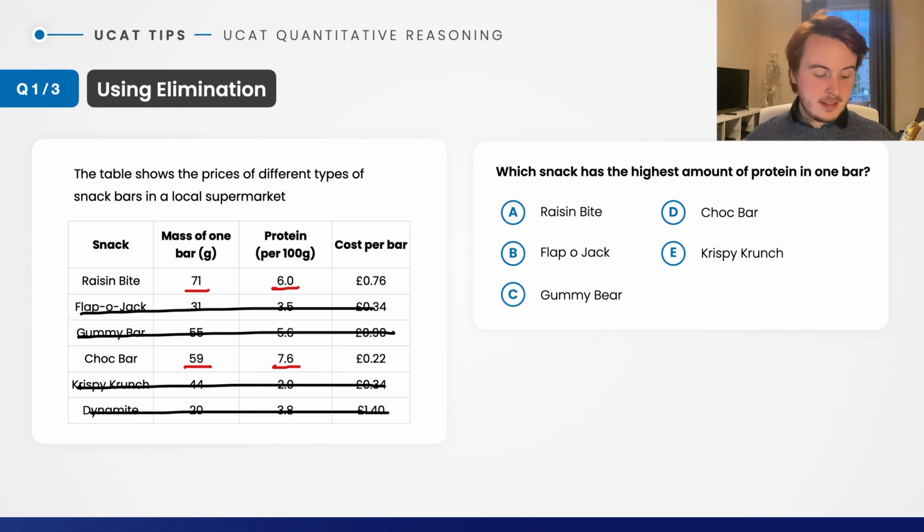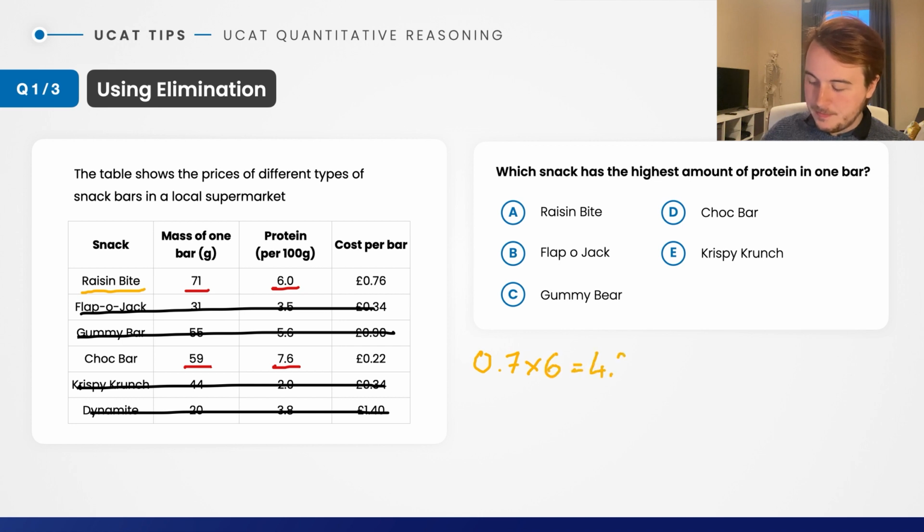So we know that a 100 gram bar of raisin bite has 6 grams of protein. So in order to work out how much is in the actual bar here, we're going to use a little shortcut that we'll learn more about in the proportion tutorial. But for raisin bite here, we're fundamentally going to do 0.7 times 6, which is going to get us to 4.2 grams.